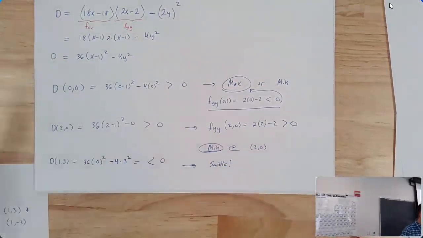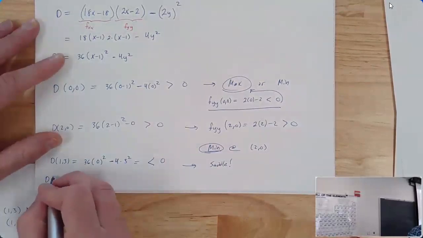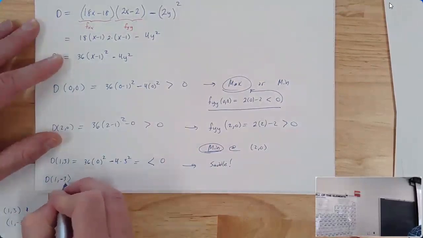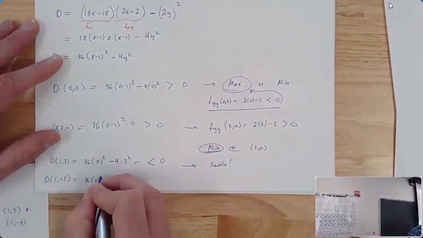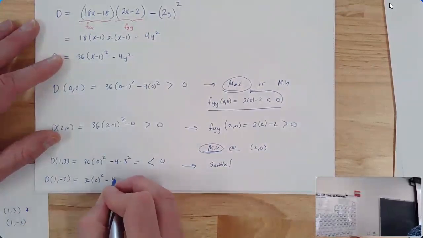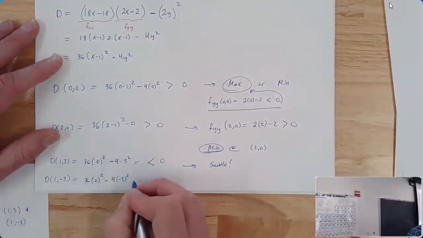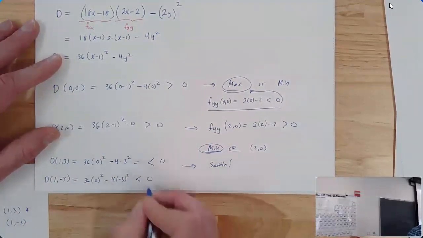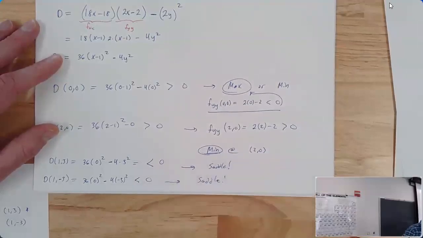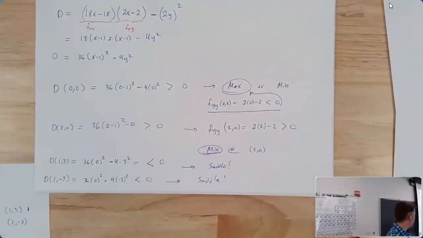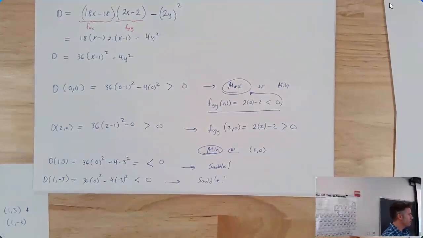The same thing is going to happen with our other critical point, because it's just the same but the y value is the negative of what it was. But squaring a negative or a positive number gives you the same output. We get negative 4 times negative 3 squared, which is also less than 0. So we also have a saddle there. Two saddles, one max, and one min.